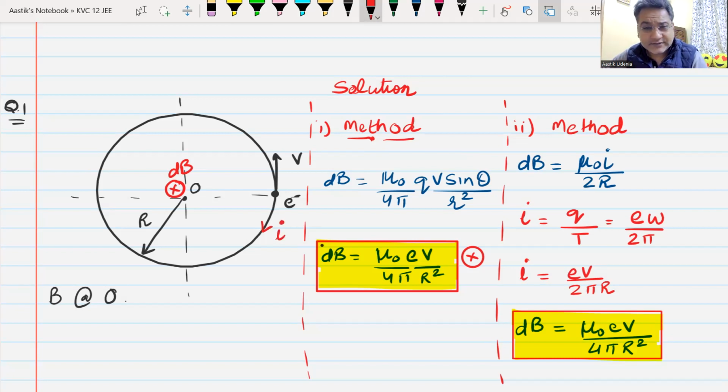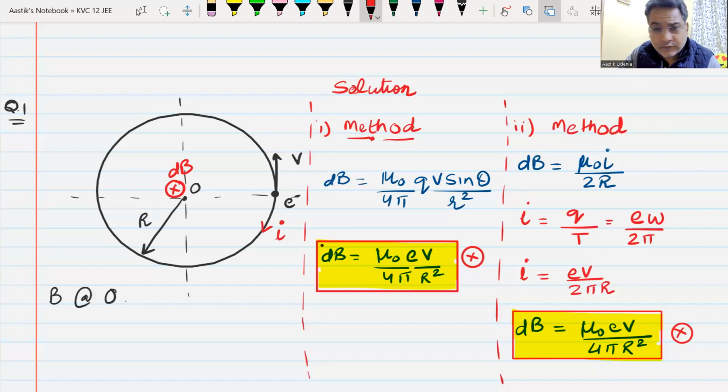So current is like this. If current is moving clockwise, magnetic field will be going inside. Whatever way you do, you will end up with the same result. I'll give you 2 minutes to note this down. If you have any doubt, please ask.